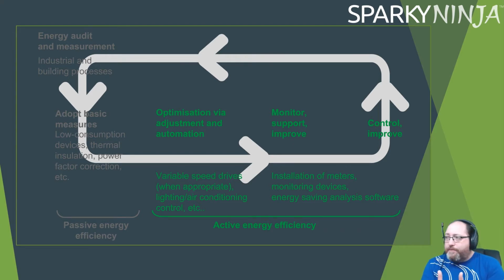You've got illustrated here: adopt basic measures of low consumption devices, thermal insulation, power factor correction. Those are like the primary measures. We can then add additional measures, active energy efficiency measures, control, monitoring, variable speed drives, etc., etc. But anything that we add as an active measure mustn't compromise a passive measure.